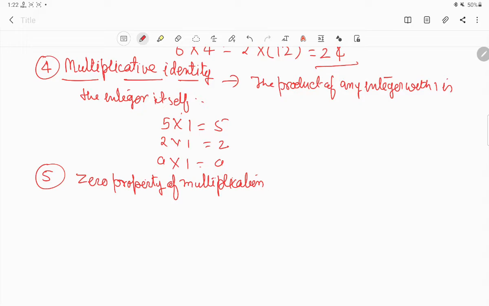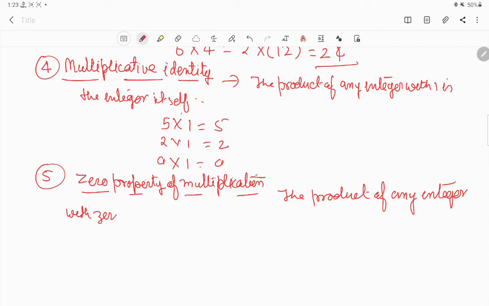We know that the product of any integer with 0 is always 0.